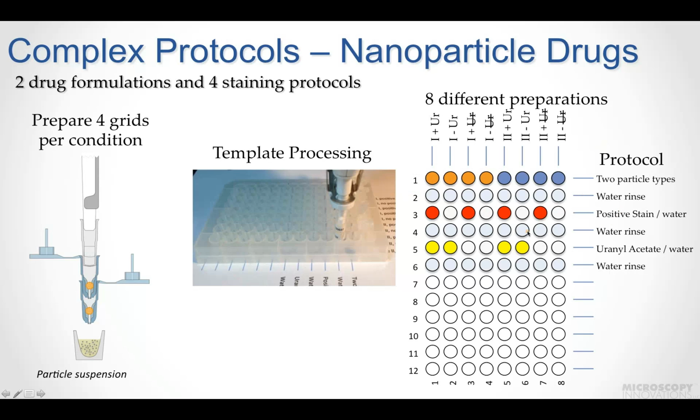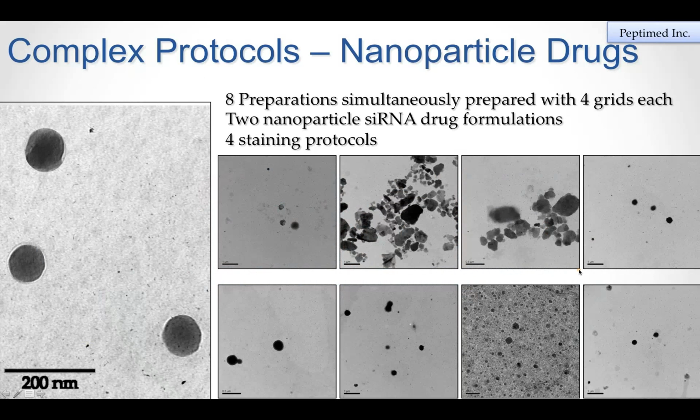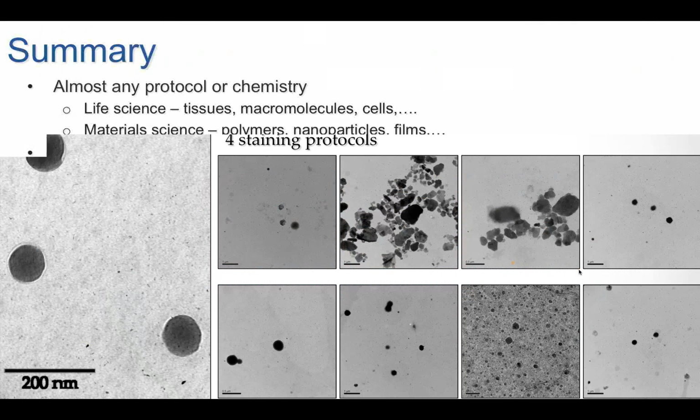Then another water rinse on all of them to remove the stain. Then half the capsule saw a uranyl acetate negative stain, half the capsule saw water, and then a water rinse to remove this. By doing so, we were able to prepare all 8 preparations simultaneously with 4 grids each in a very simple protocol that made this a lot easier.